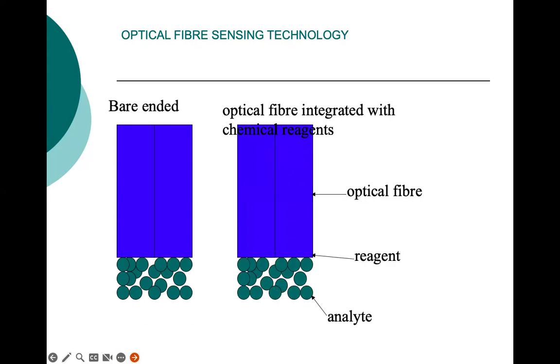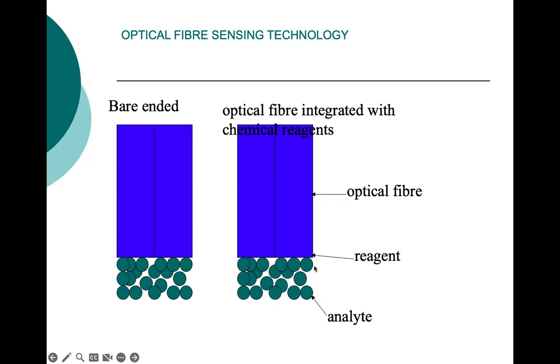Let me finish this. If we have a very specific transducer, I put here reagent because this is what I did before. I use chemical reagent as the transducer. Let's say we have different kinds of transducer. We have DNA, we have antibody, we have aptamer or any other transducer here.